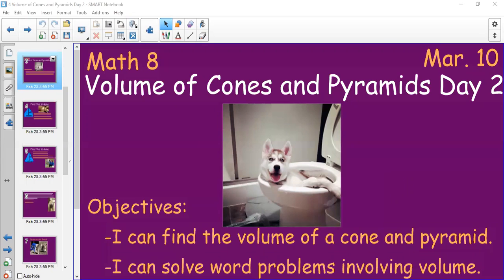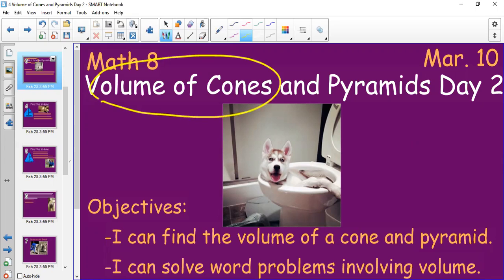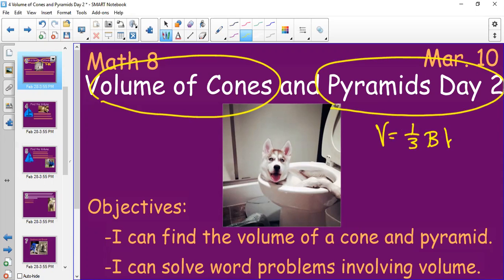All right, but first off, let's do a quick review. Volume of the cones, we learned yesterday that there were two possible formulas. You could use the pyramid formula, so let's do pyramids first, which was 1/3 big B H. And if you remember, the big B stood for the area of the base, not just the base, the area of the base.